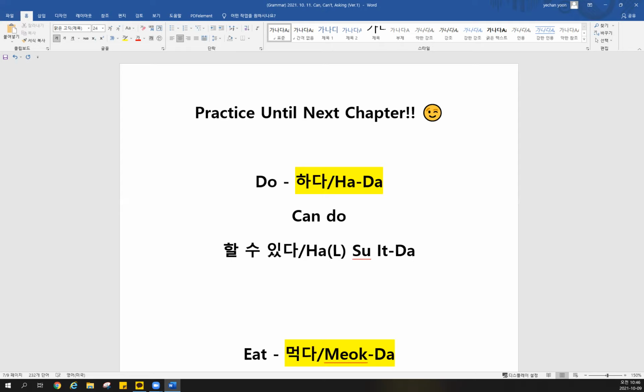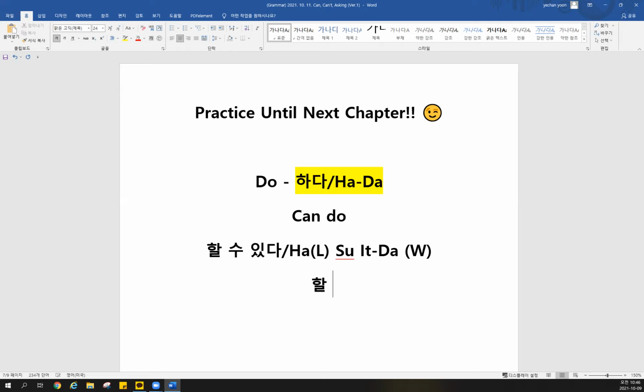Like this. This is writing, but as I told you, speaking is going to be different. How you say it: 할 수 있다. This is reading and speaking. Not that difficult, isn't it?